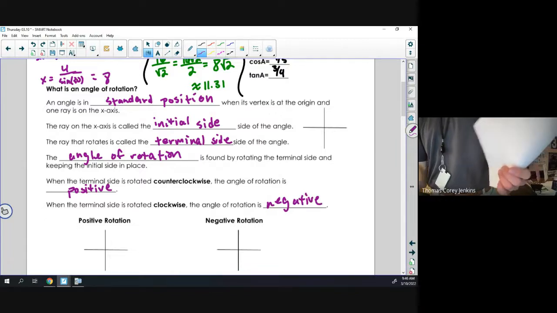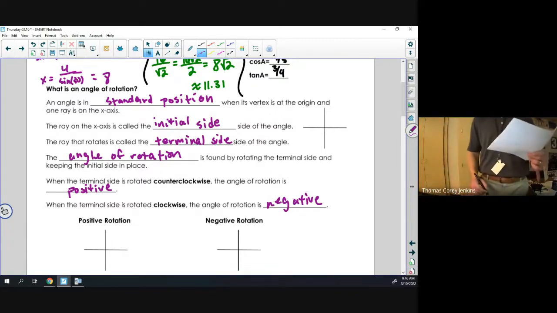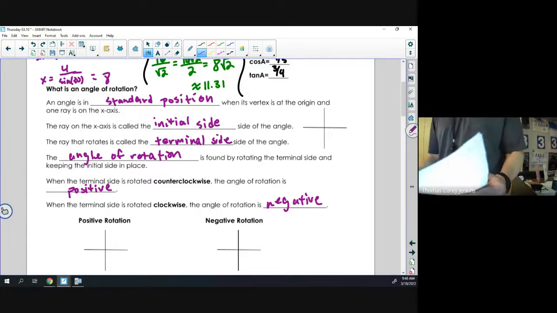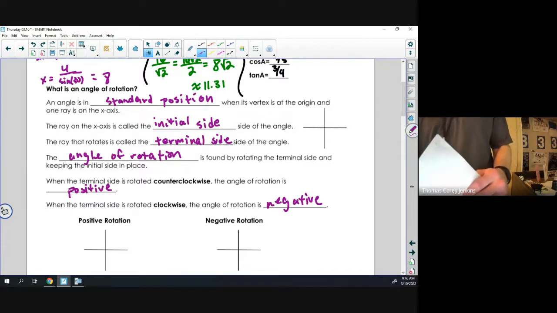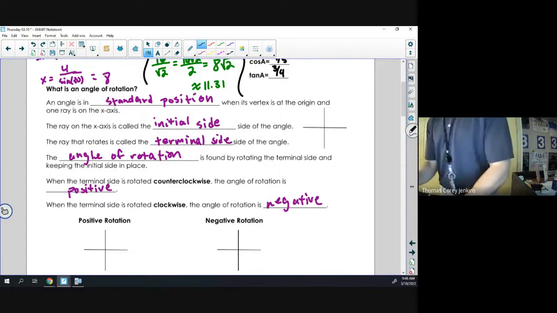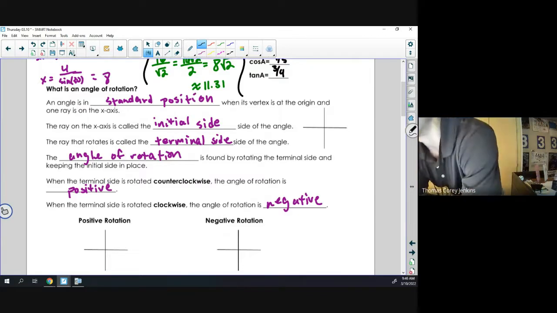So lots of information there. Let's diagram out some of it. There's not room to show all this, but we'll show some examples of maybe a positive rotation. So let's draw a ray like right here. This is our angle of rotation, starting here and rotating to the right.